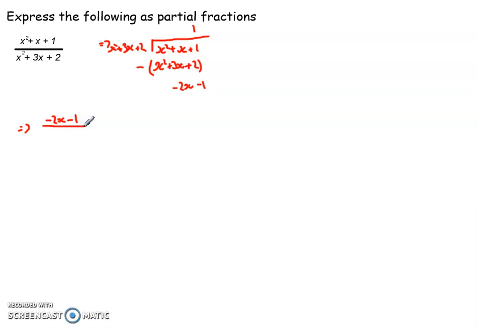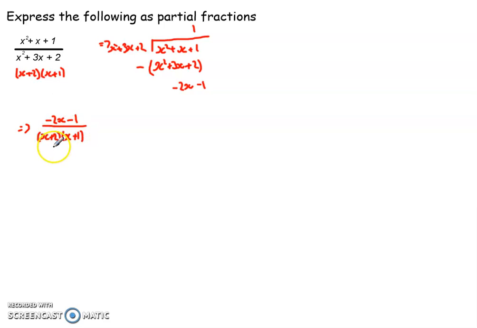However, if I look at the denominator, x squared plus 3x plus 2, this can actually be factorised into x plus 2, x plus 1. We do that in order to see what format we can have it in for our partial fractions. So I'd write my denominator as x plus 2, x plus 1.